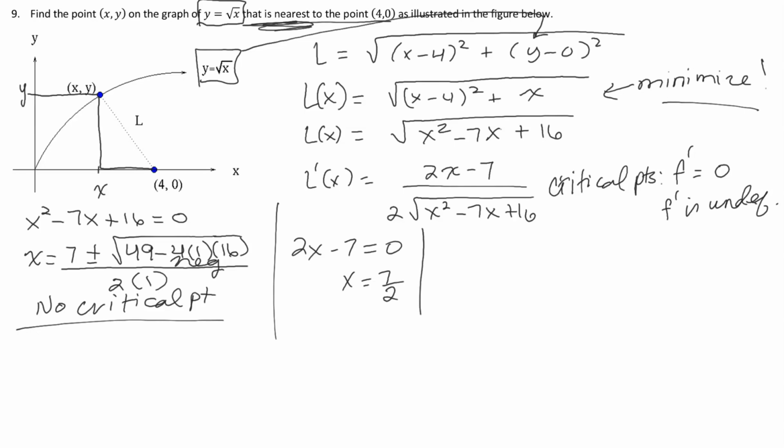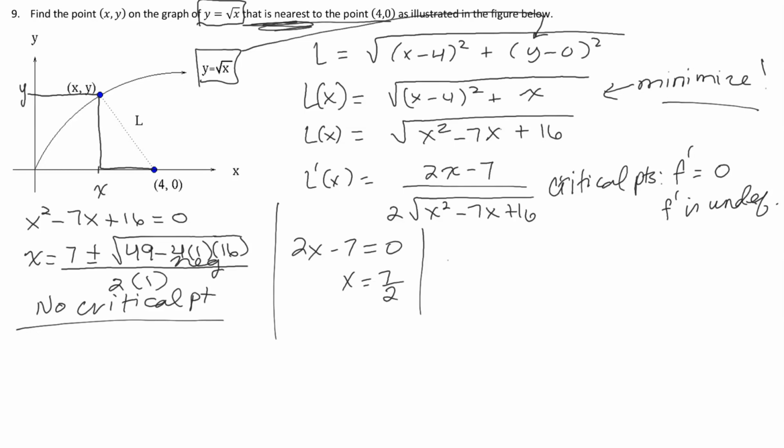Then we will check to see if it is in fact your minimum. Pick a number to the left and a number to the right, or you could have found a second derivative, but I don't want to go find a second derivative there. Let's just use the first derivative test.